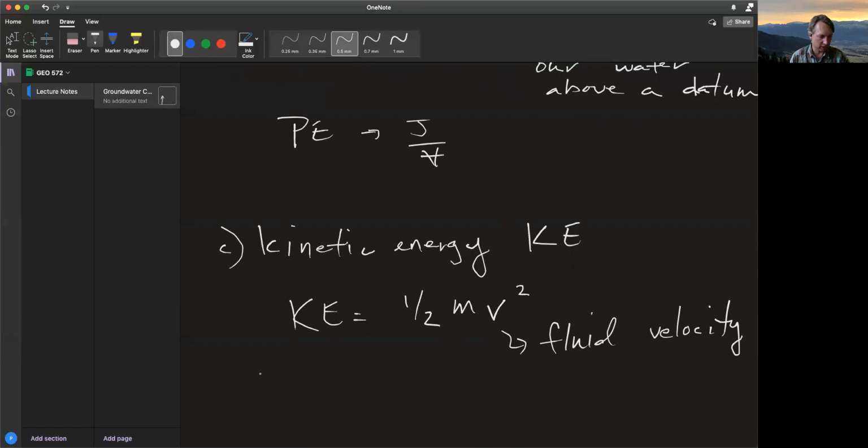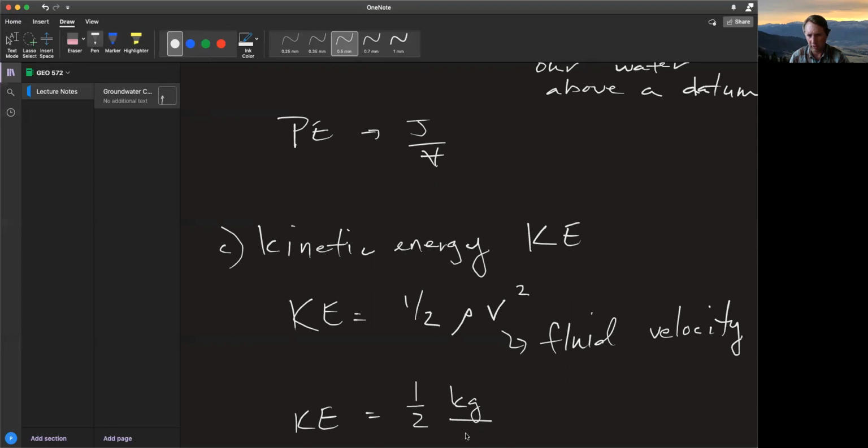So fluid velocity, let's look at the units here of KE, 1/2, no units, kilograms. Oh, I'm sorry. It's mv squared for a mass. For a fluid, it is rho v squared. So let me erase this. Should be rho v squared.